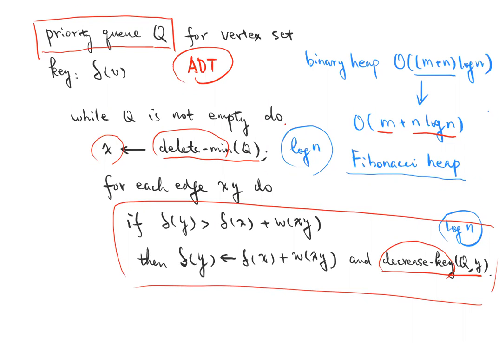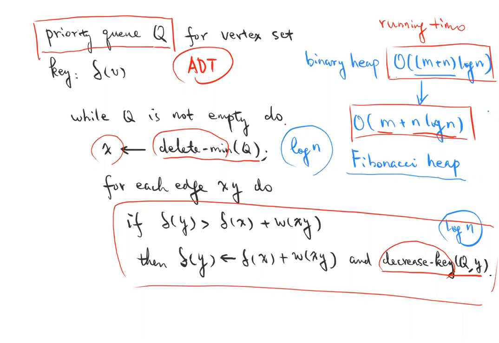Okay, big O, that's the complexity of the algorithm, the running time of the whole algorithm. That's the running time of the whole Dijkstra algorithm. Okay, not a number of operations, total time. So Dijkstra algorithm runs in m plus n log n time by using Fibonacci heap.